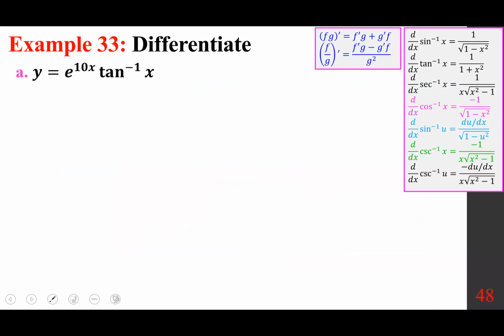All right, we want to differentiate y equals e to the power of 10x times tan inverse of x, and I'm going to put a raised dot between these two. So this is the f function, this is the g function, and we are going to use the product rule.